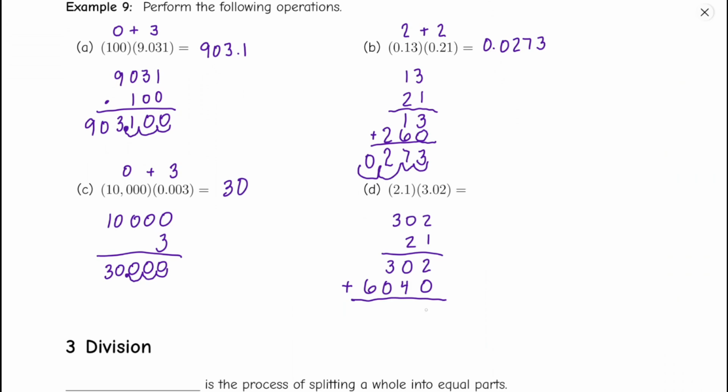Add those together, 2, 4, 3, 6. Let me erase that. So we get 1 decimal place here, 2 here, so our answer needs 3. 1, 2, 3. So we get 6.342.